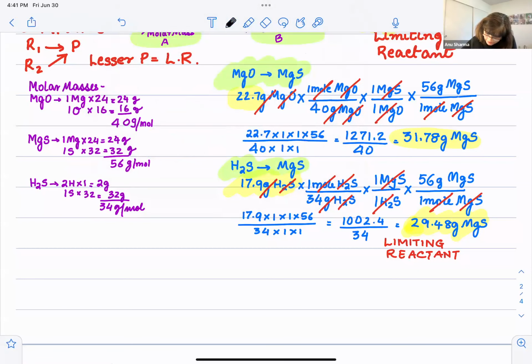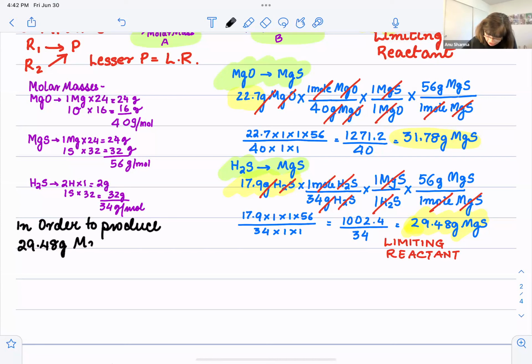So let me write this down. In order to produce 29.48 grams of magnesium sulfide, how many grams of magnesium oxide will be used?